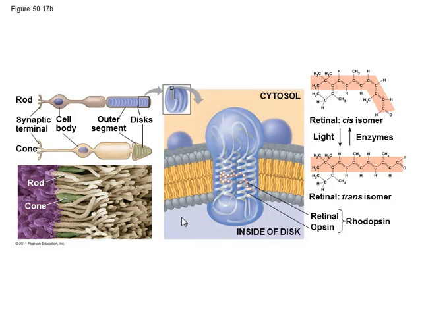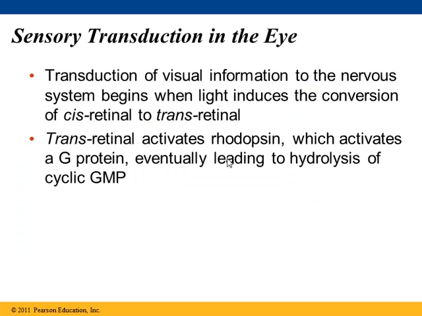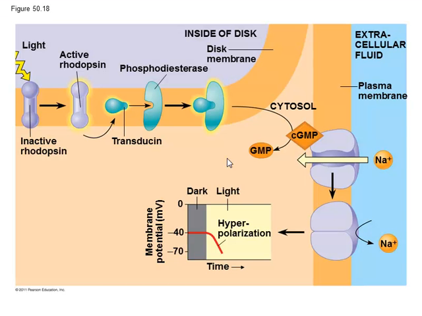When light strikes retinol, it changes the shape of retinol, and that change of shape changes the shape of this protein, causing it to start a signaling cascade. Okay, what's the signaling cascade? Well, suddenly the active rhodopsin activates another signaling molecule called transducin, which grabs hold of phosphodiesterase.